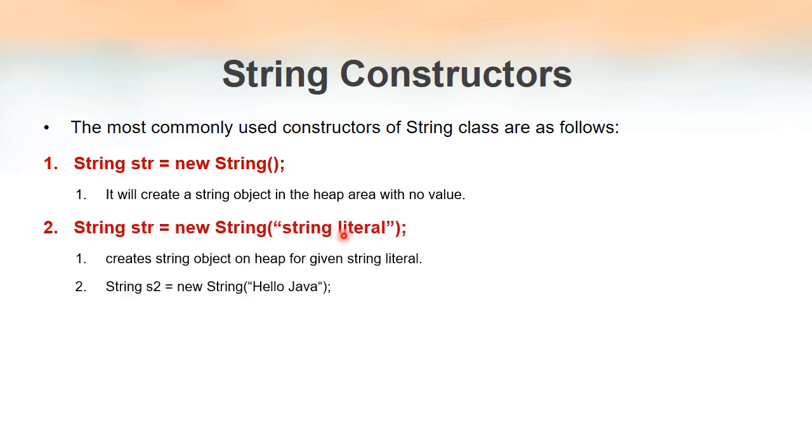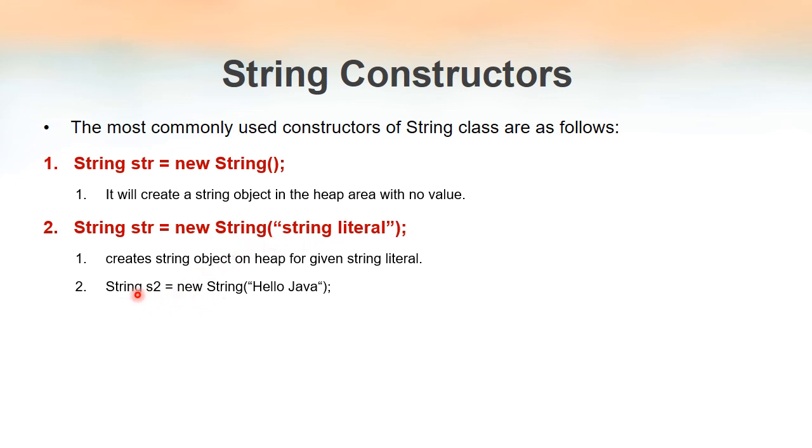The second constructor is the one which accepts a string literal. We know that string literals must be enclosed in a pair of double quotes. So when we create a string object by using this constructor, it will be creating a new object on the heap area with this string literal that we have mentioned as a parameter to the constructor.